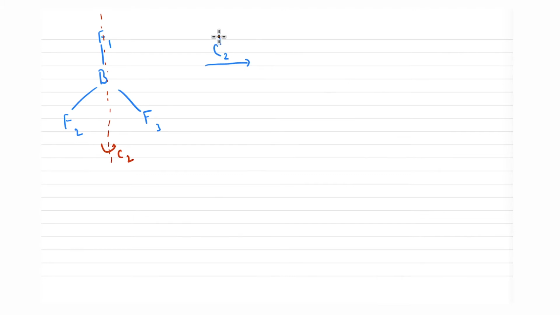So C2, which is passing through BF1. Okay. This is just to identify which C2 we are using. Now if B and F1 are not moving, the only atoms that will move are F2 and F3. So this will be 3, this will be 2, because now 2 has actually moved this side and 3 has moved this side, right? So F3 is replaced by F2.